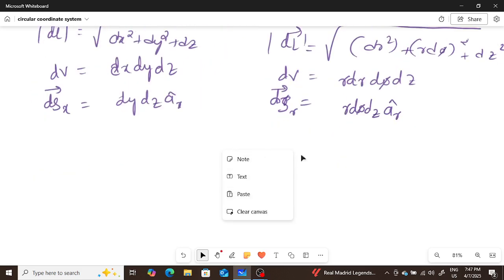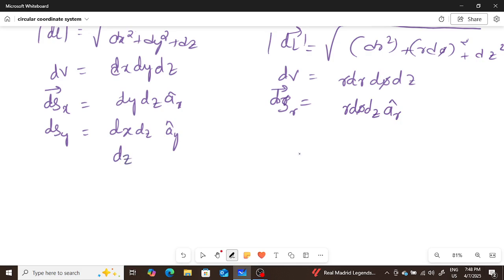Similarly, we'll write dsy. What do you have to write? It is normal to y direction, so which are the other two points you have to write? dx and dz. The right format of writing this is dz dx dy.